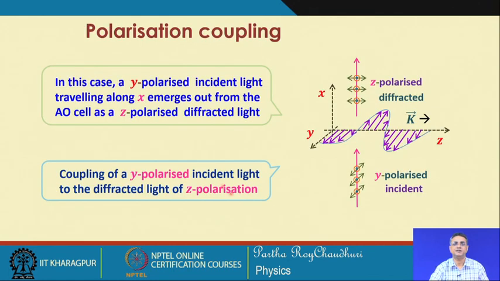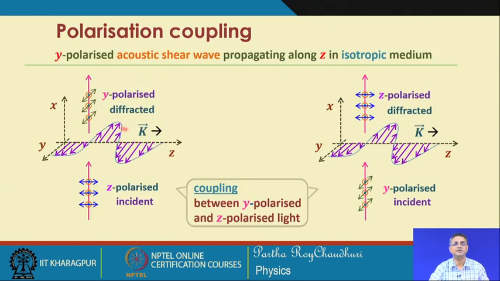So, this is very interesting: in this case you have a Y polarized beam and you get a Z polarized diffracted wave. It is very straightforward to understand that if you have a Z polarized beam, you get Y polarization. If you have a Y polarized beam, you get Z polarization.